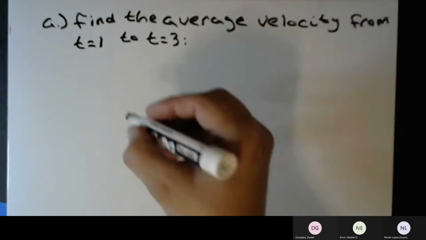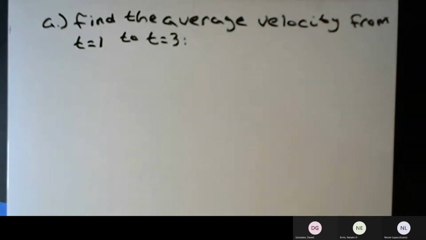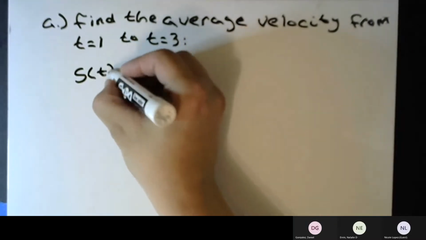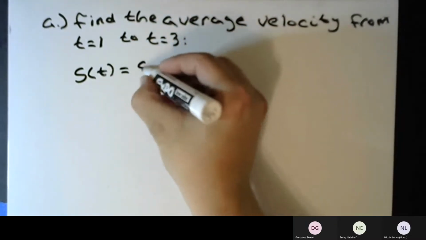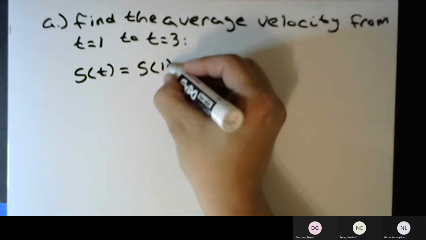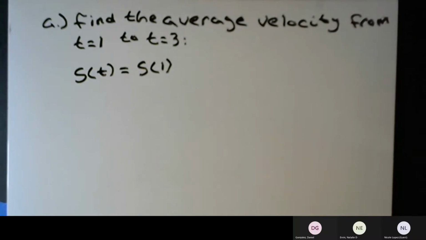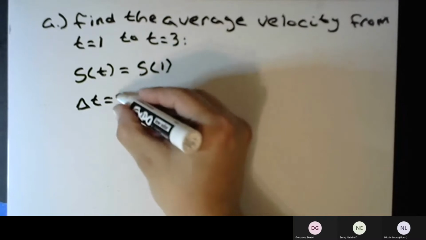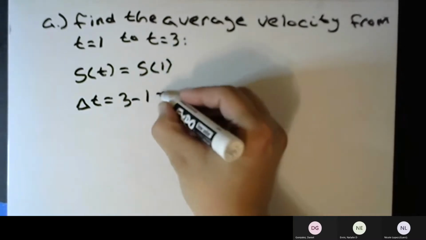So if you think about this, we can think of s of t in this case. It's going to be s of 1. Delta t is going to be 3 minus 1, or 2.